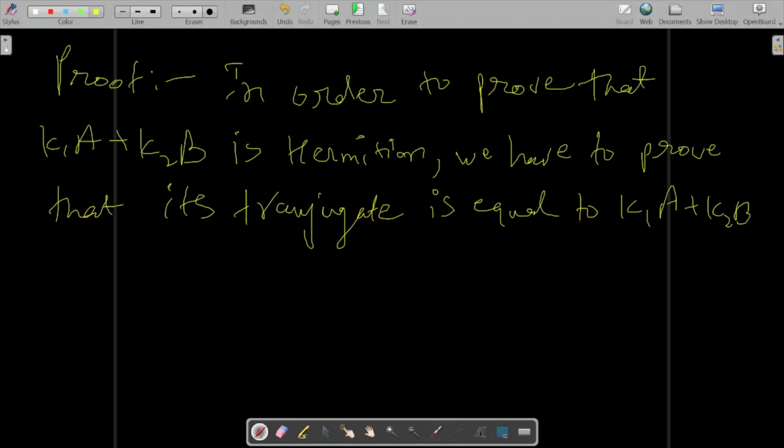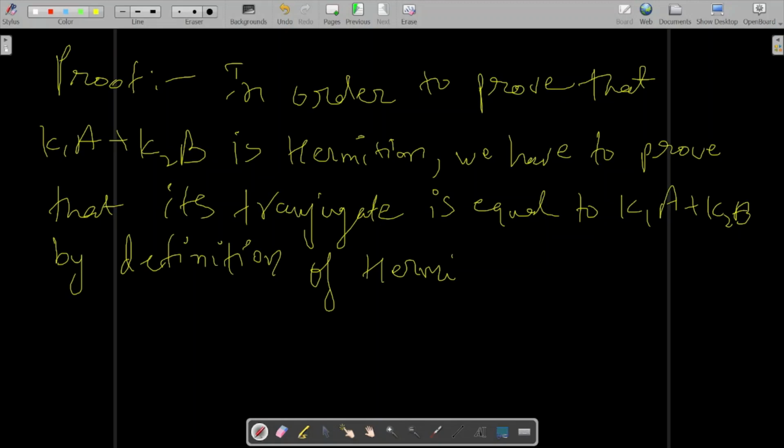If the conjugate transpose comes out to be the same, then by the definition of Hermitian matrix, it is Hermitian.